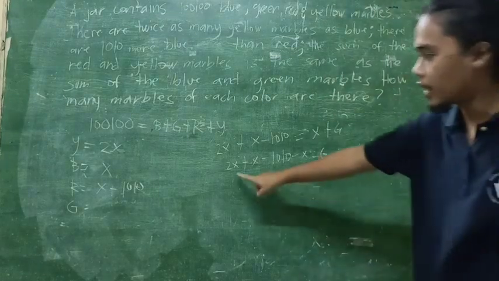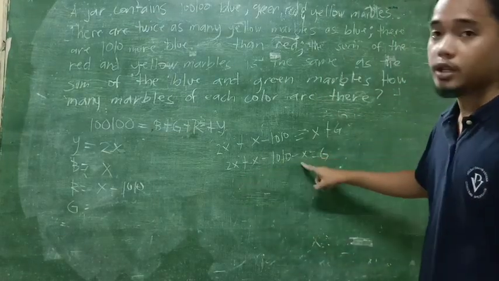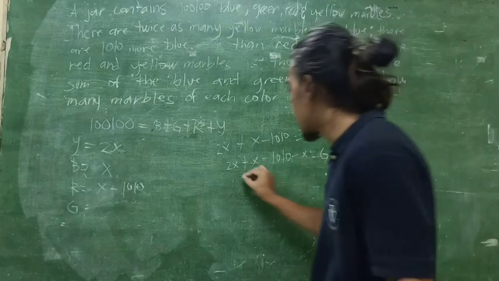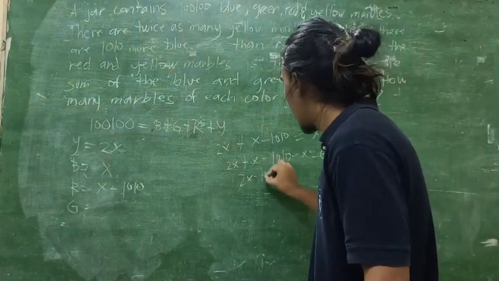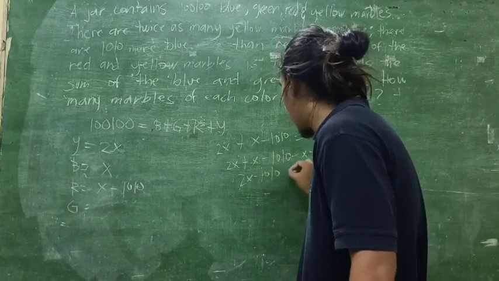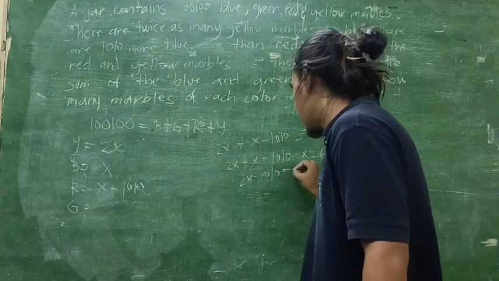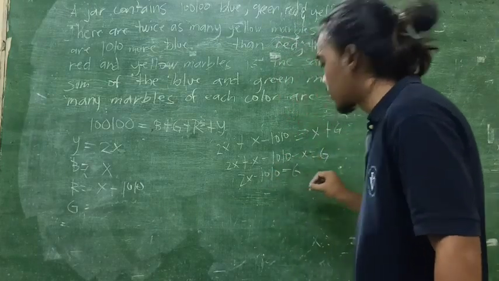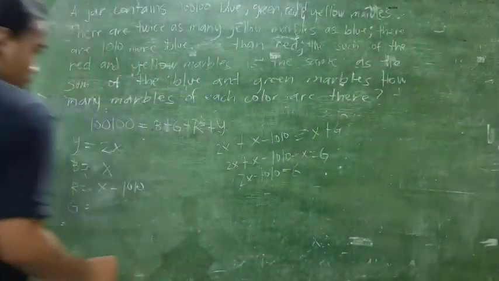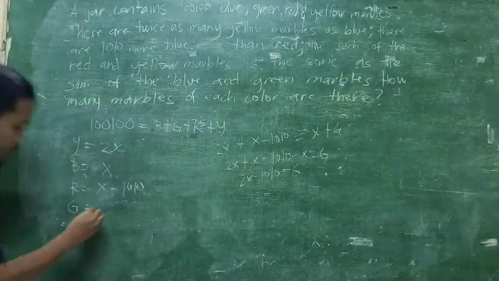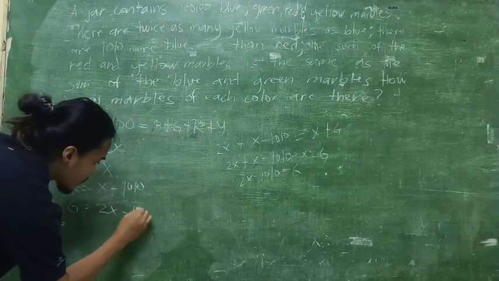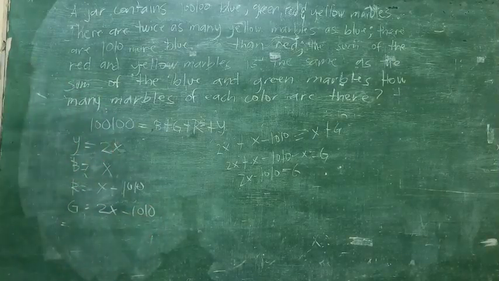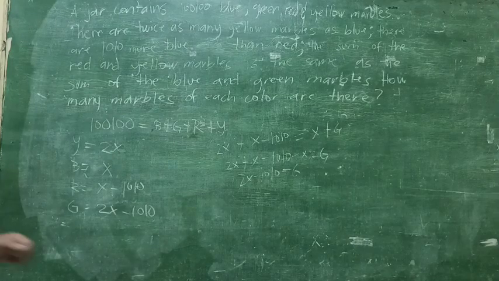So, 2x plus x is 3x minus x, 2x minus 1,010 is the green. So, we have here the green marbles, which is equal to 2x minus 1,010.